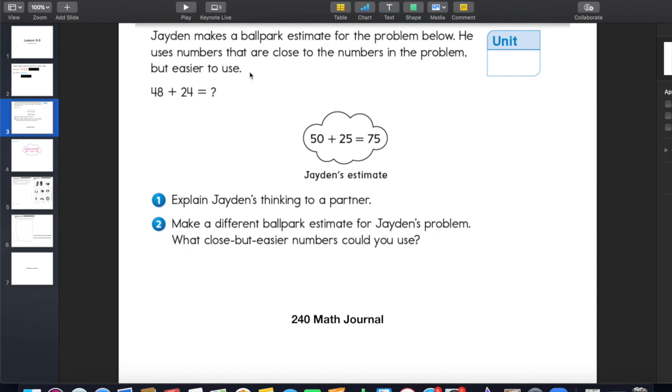So we would say they're close, but easier. 48 plus 24. Jaden's estimate is 50 plus 25 equals 75. Explain Jaden's thinking to a partner. Make a different ballpark estimate for Jaden's problem. What close but easier numbers could you use? So take a minute and come up with another estimate that might work for Jaden's.